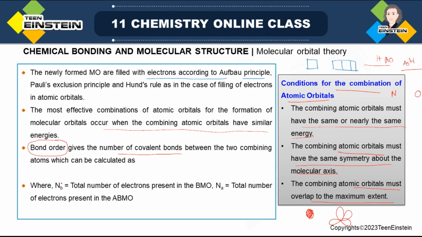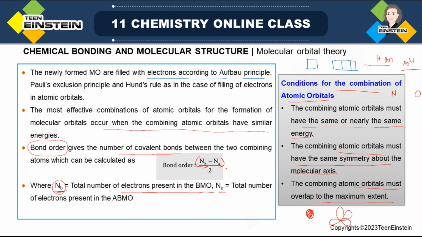And how is it calculated? You just have to subtract Na from Nb, where Nb is the total number of electrons present in the BMO, that is the bonding molecular orbital, and Na is the total number of electrons present in the ABMO. In this way you can calculate bond order. Most of the time Nb is high compared to Na, and that is why a negative bond order is never possible.